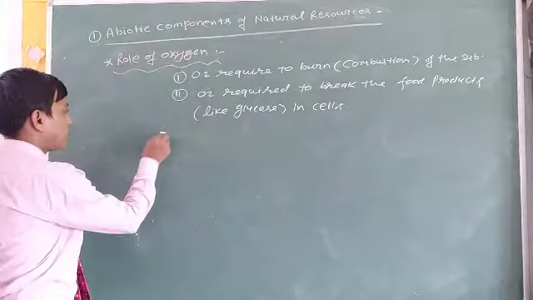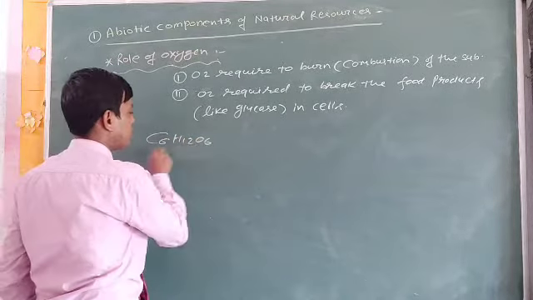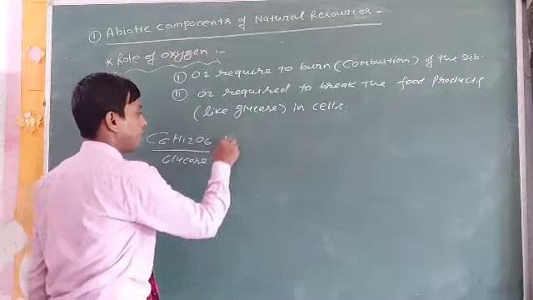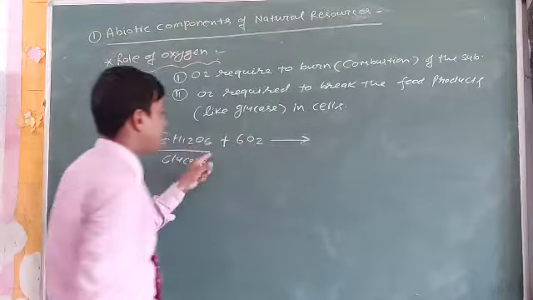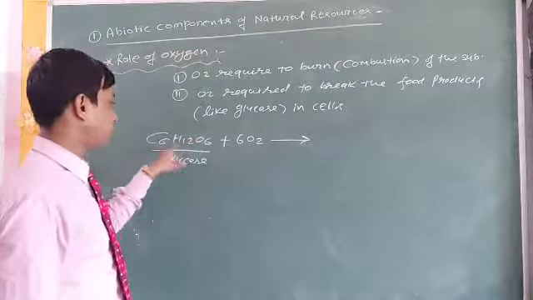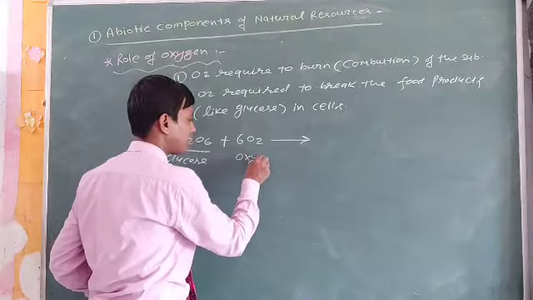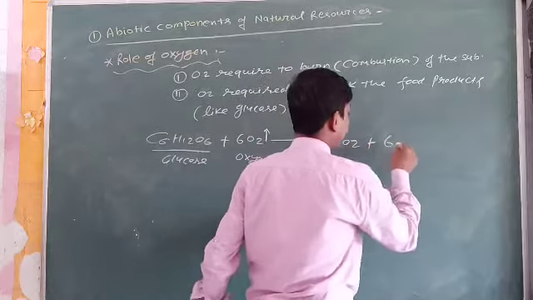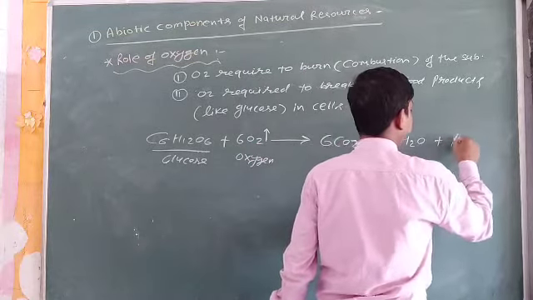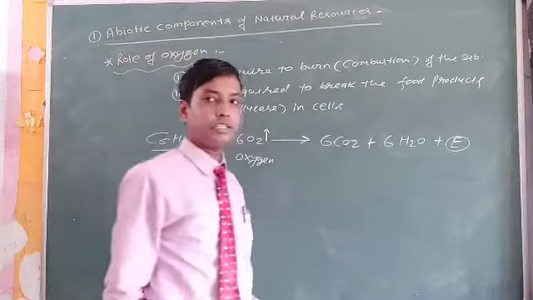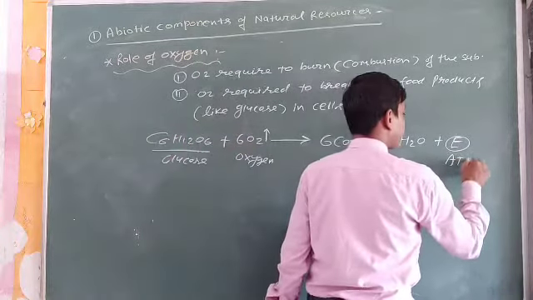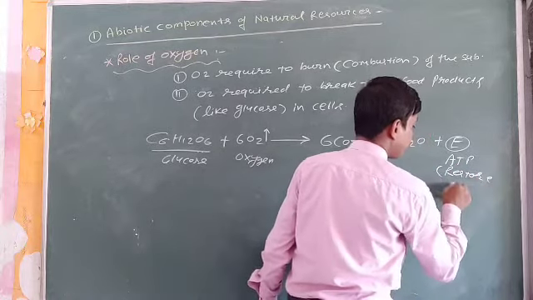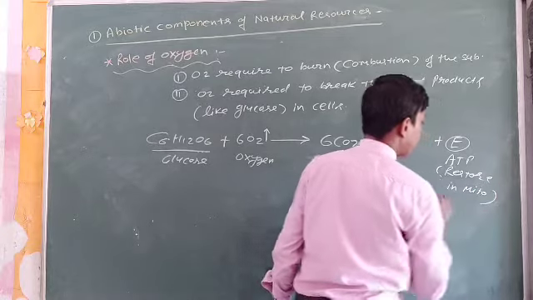Suppose C6H12O6 is the glucose; to break it down, 6 molecules of oxygen are required. After the breakdown of glucose, we get 6 molecules of carbon dioxide, 6 molecules of H2O, and energy in the form of ATP, which is stored in the mitochondria.